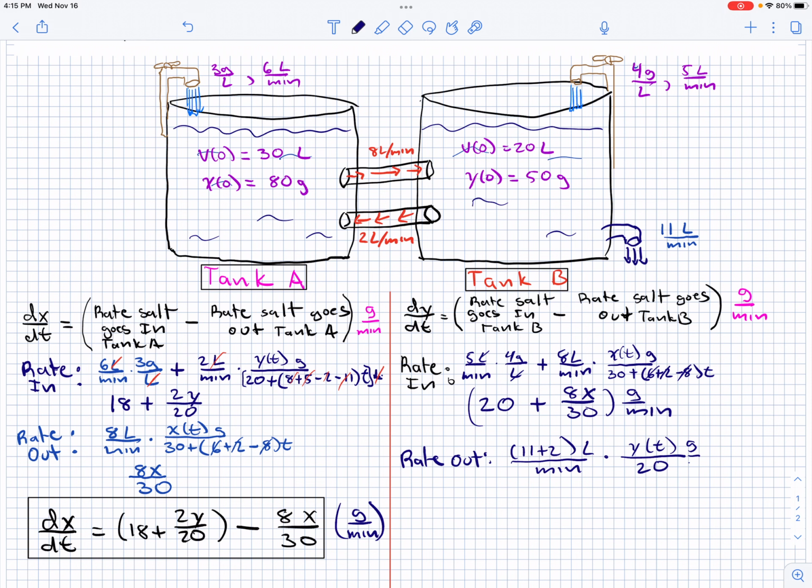And again, that's per liter. Liters cancel out. We are in the correct units. And, well, I guess I can write this as 13y over 20. That's grams per minute.